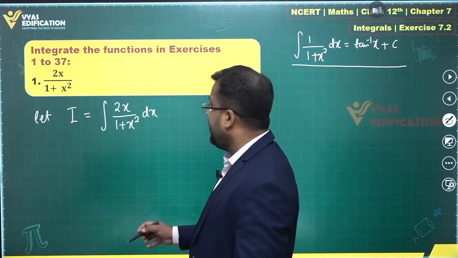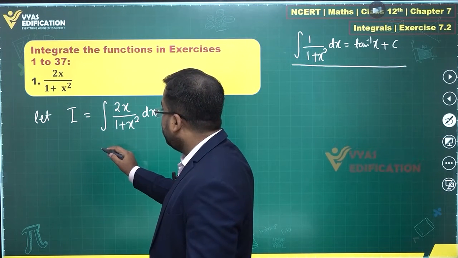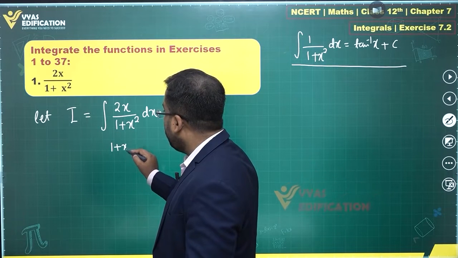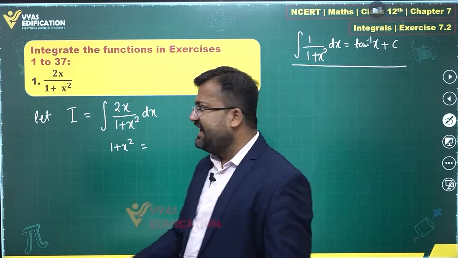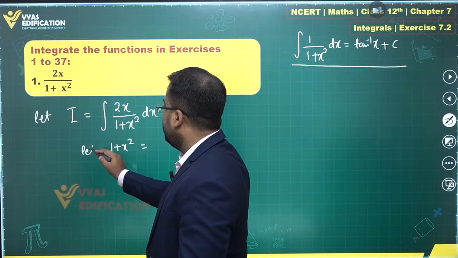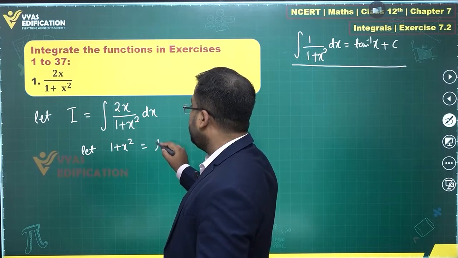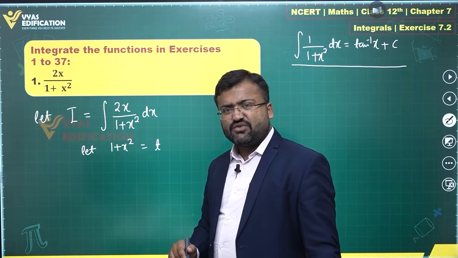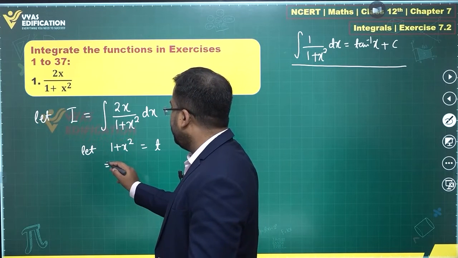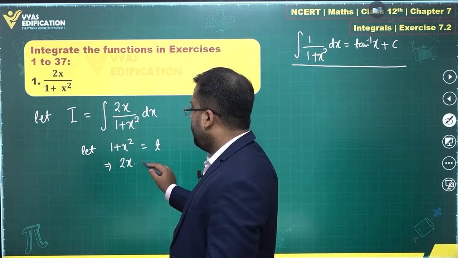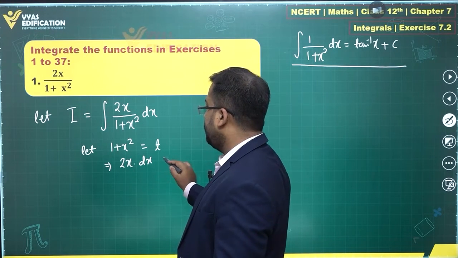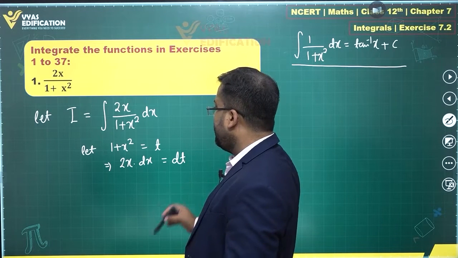That's the idea of substitution, that we can take 1 plus x square and convert it into a new type of variable. Let 1 plus x square be equal to a new variable t. If 1 plus x square is equal to t, then you can write the derivative of this, 2x dx, will be equal to dt.